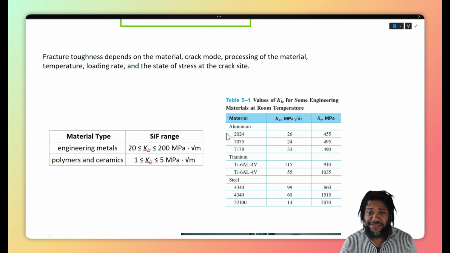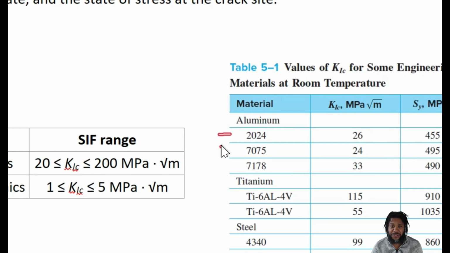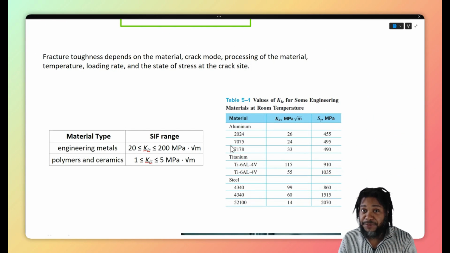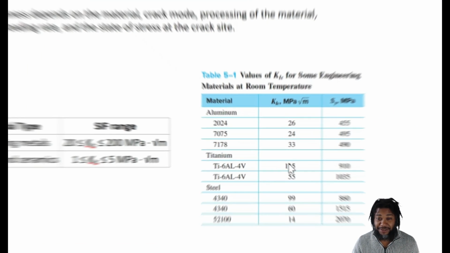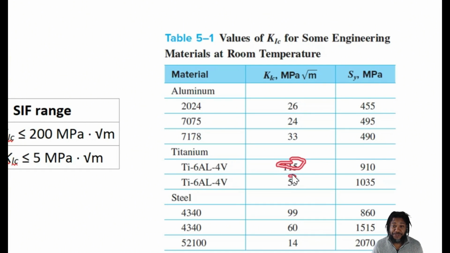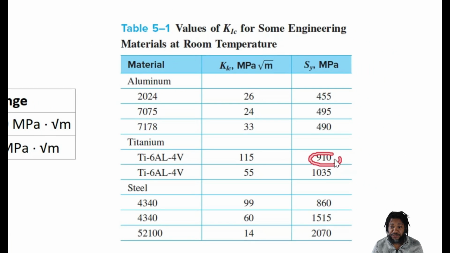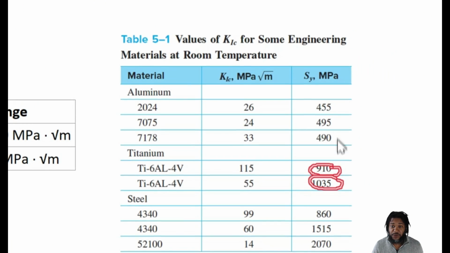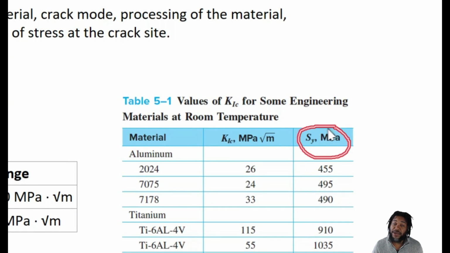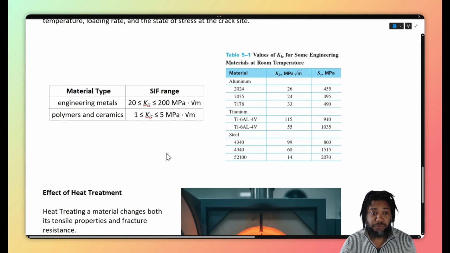So what that means is, depending on the exact chemistry of your alloy and its subsequent microstructure, you can get very different properties for fracture toughness, but also different results in terms of the tensile properties of your material.